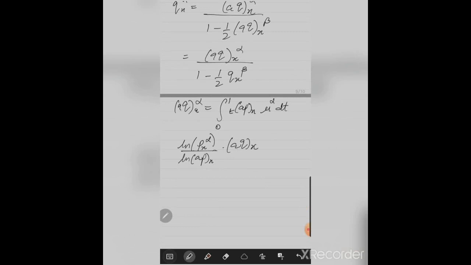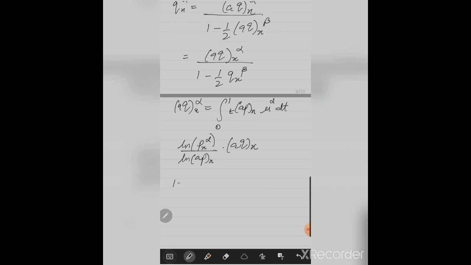So here we can rearrange the things. So qx would directly give us 1 minus 1 minus aqx alpha minus aqx beta, raised to the power. So let me just write it properly.